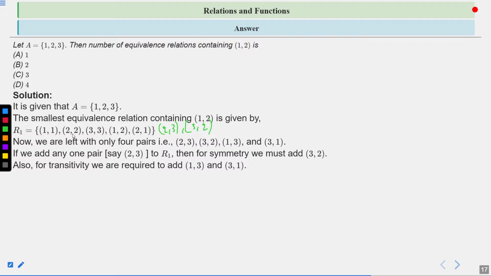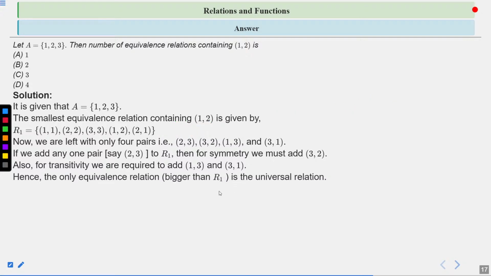Because you can see that (3,3) is there, and (1,2) is there. If (1,2) is there, and if we add (2,3), then there must be (1,3) for the relation to become transitive. So if we are adding (2,3) and (3,2), then we must add (1,3) and (3,1). Got it?